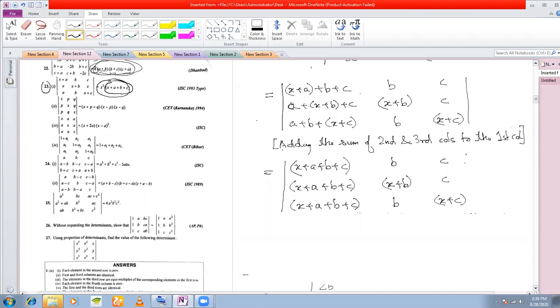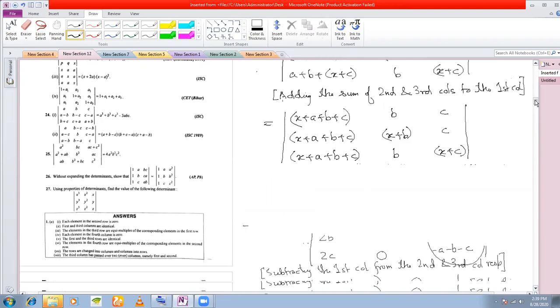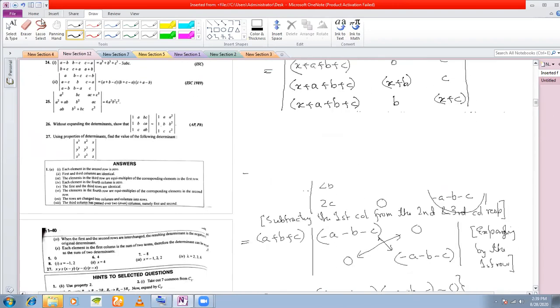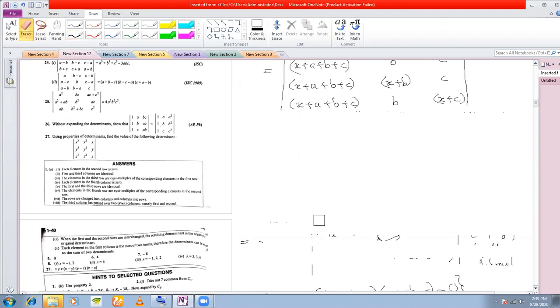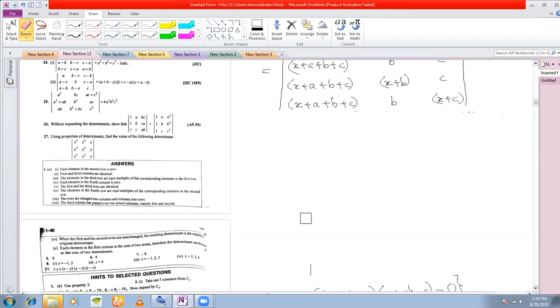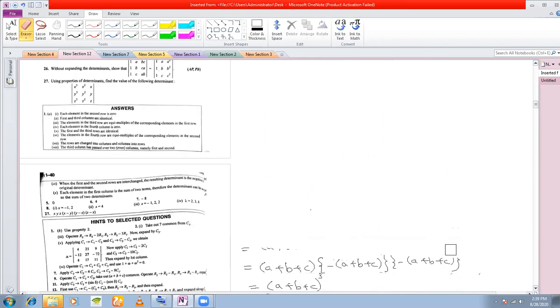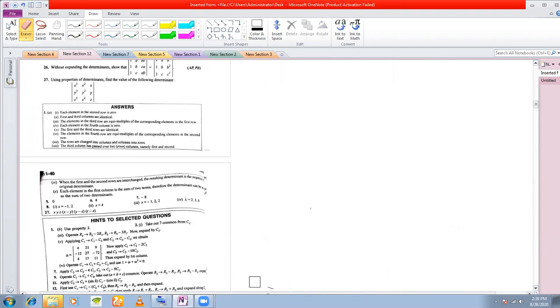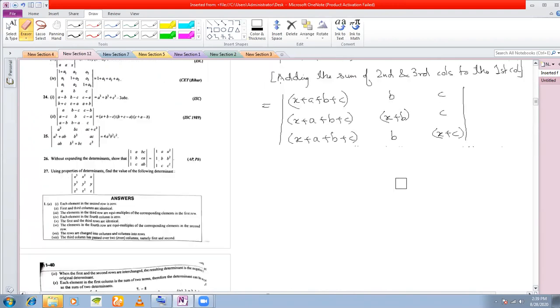That was the idea, right? Yes, sir. Because why did I add the second and the third column to the first column? Because I wanted x plus a plus b plus c in the first column, because it is there in the question's right hand side. Yes. Once we have got x plus a plus b plus c in the first column, now I can take common.